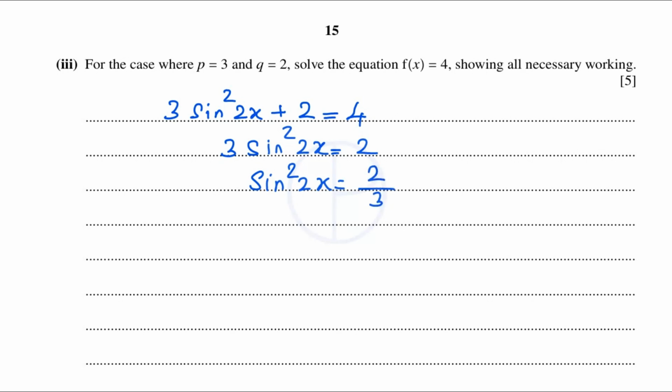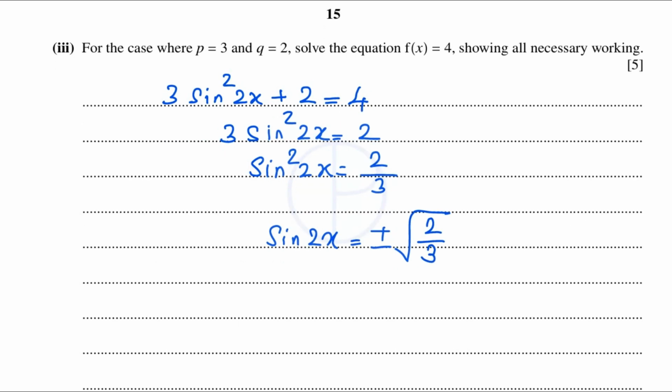Now take square root on both the sides. So we get sine 2x equal to plus or minus square root of 2 over 3. The easy way to solve an equation of sin kx form, here k is 2, is by transforming the range of the question.